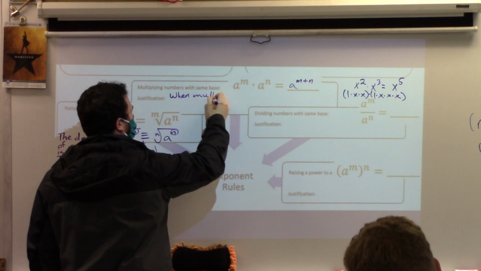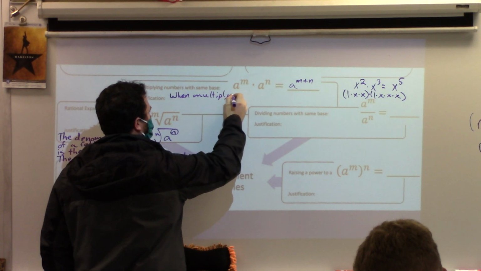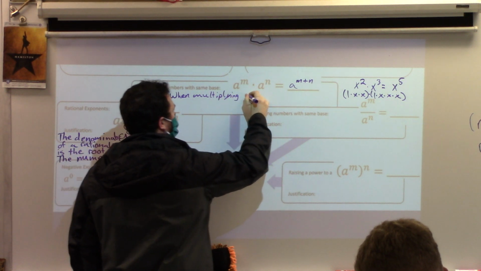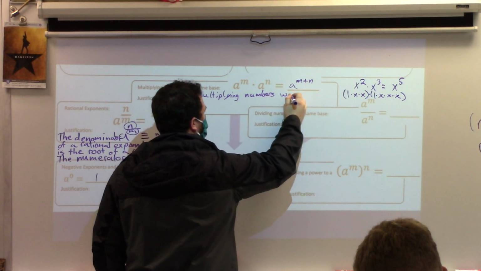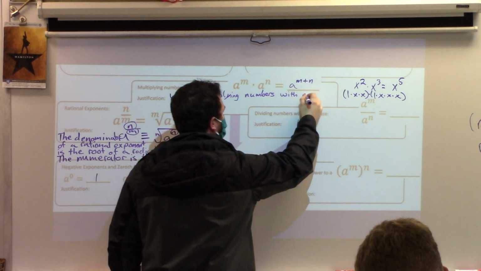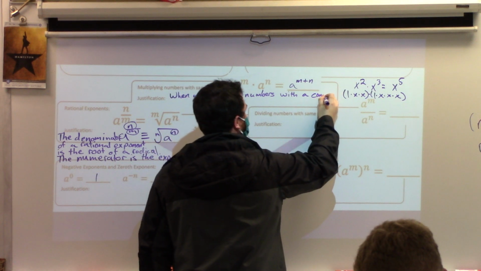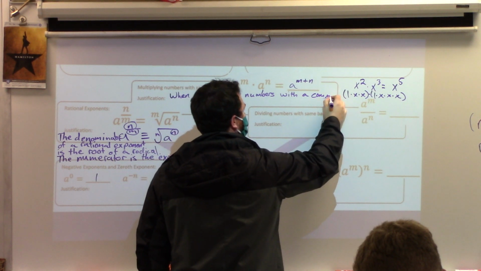So when multiplying numbers with a common base, I guess we really should say powers.